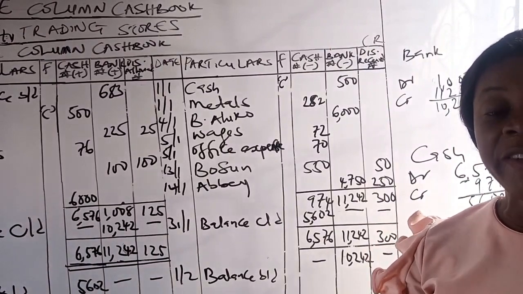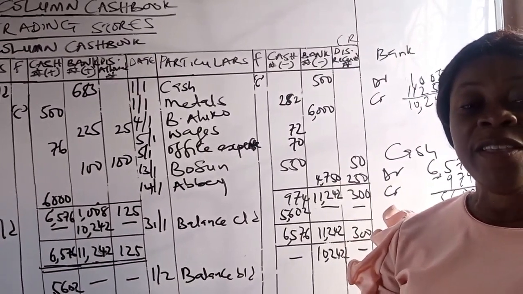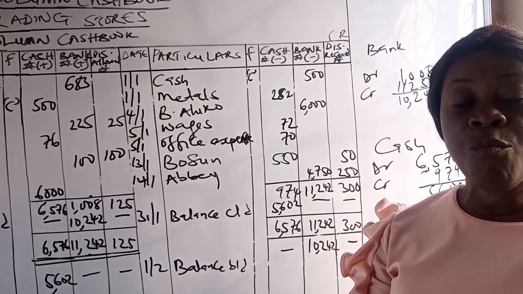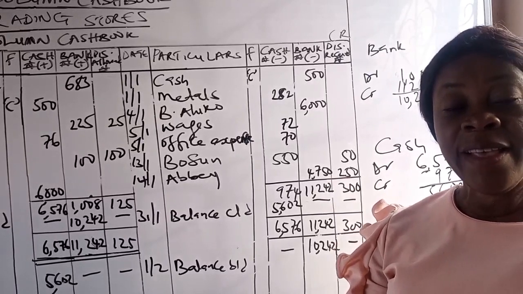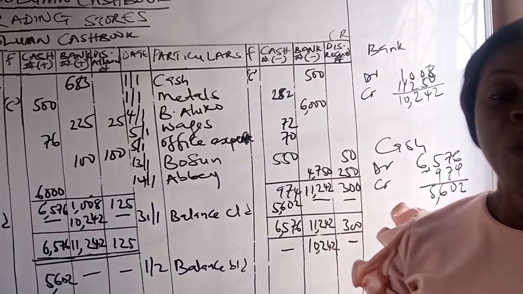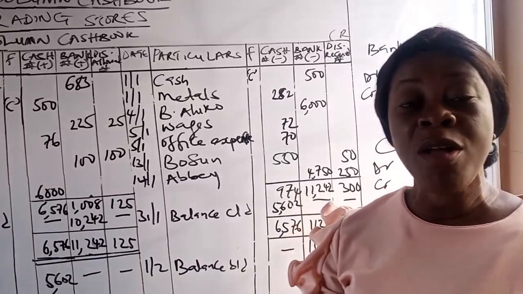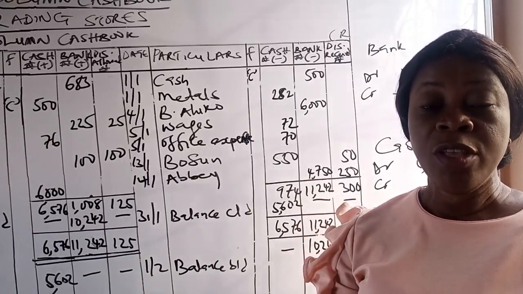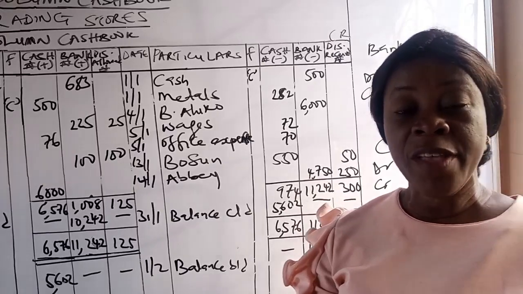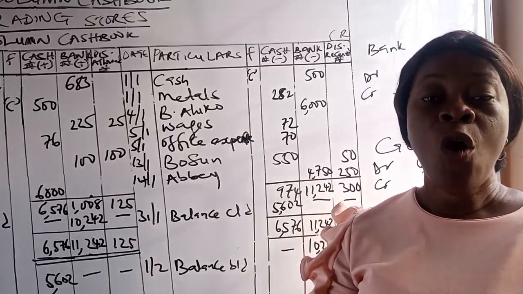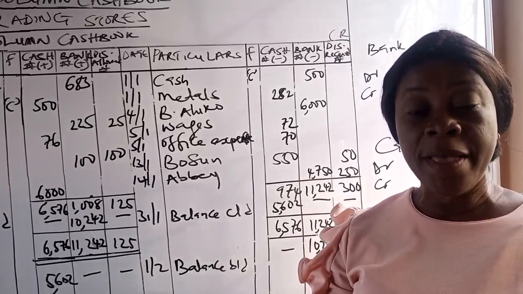What is a bank overdraft? A bank overdraft is withdrawal from the bank in excess. That is, when the firm withdraws more than the amount of money in the bank account, it is known as an overdraft and is a liability of the organization to the bank.